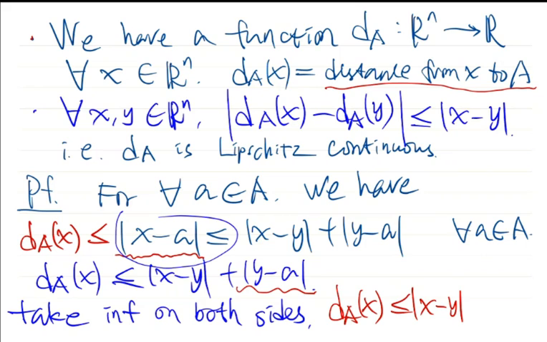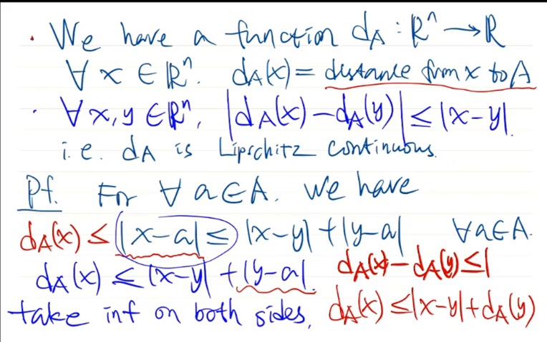But the second term, when a changes and we take an infimum, it will become d_A(y). Okay. So from this we see that d_A(x) minus d_A(y) is not greater than the distance from x to y.